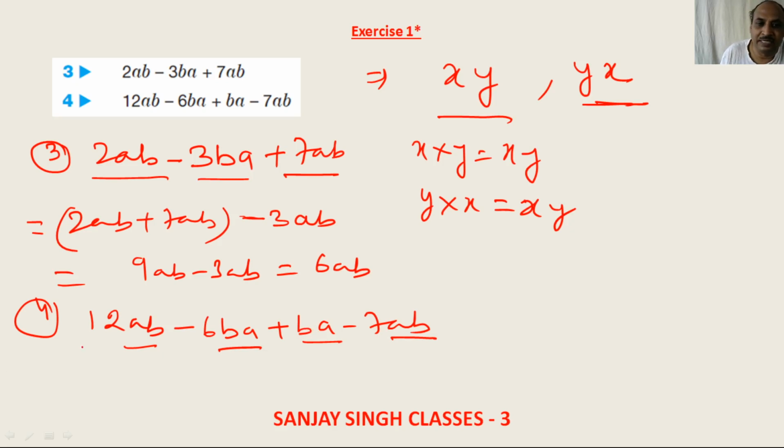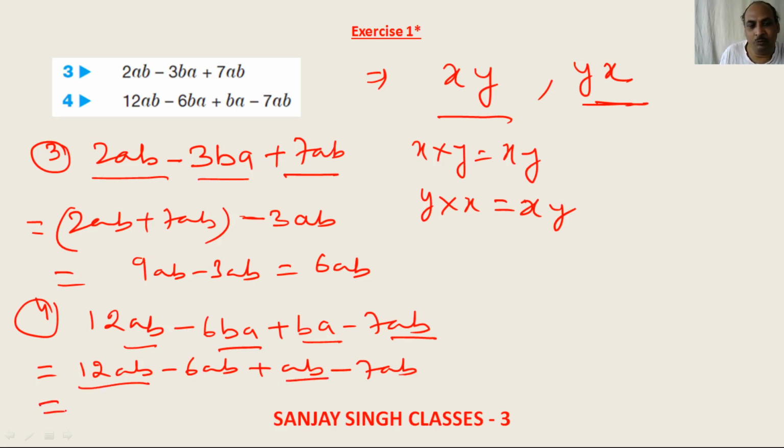Okay, right. So let us first write everyone in the same form. Which are plus, first this 12AB and AB, we will add them together, it will become 13AB. This minus 6AB and minus 7AB, we can add them together. One is minus, another one is minus, addition will be there.